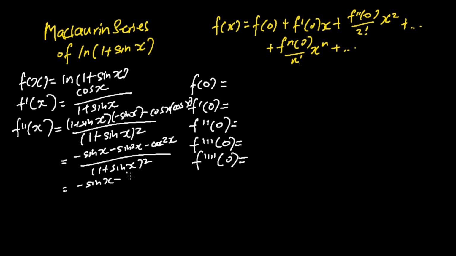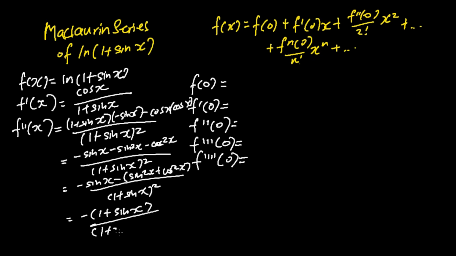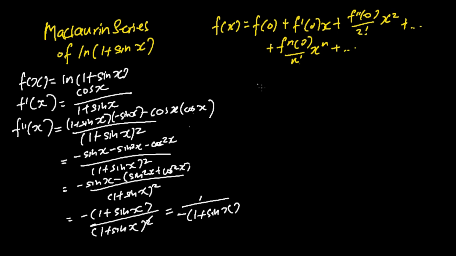My sin squared x and cosine squared x is just 1, and then we are able to simplify further, in which my f''(x) will be just negative of 1 over 1 + sin x.